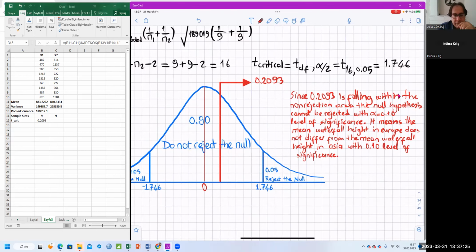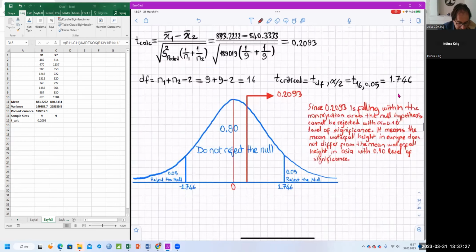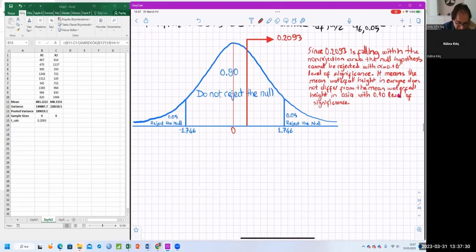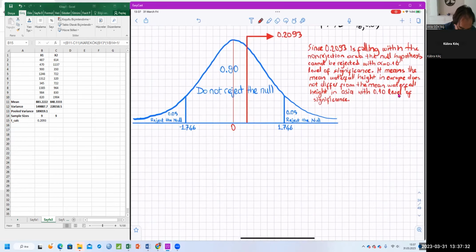Okay, that's the explanation you can make for this exercise. You can also try to find out the confidence interval for the mean difference.